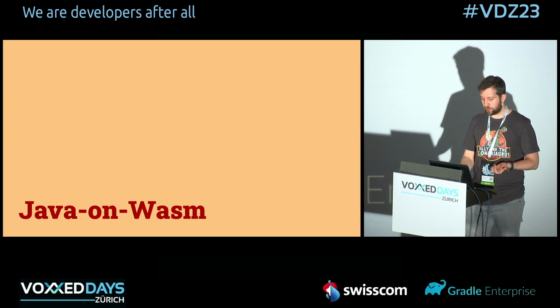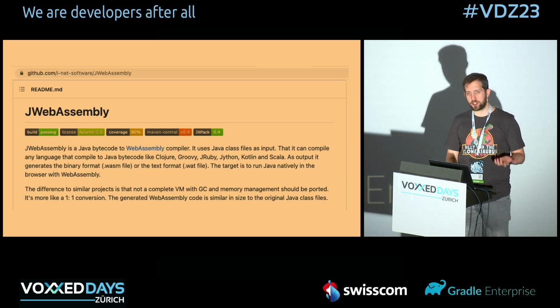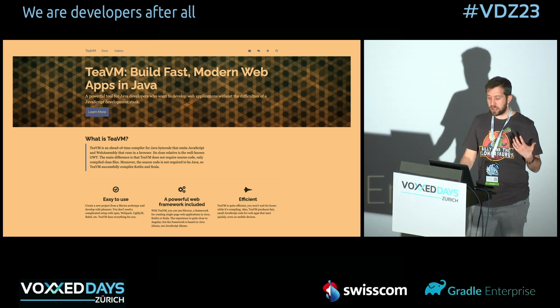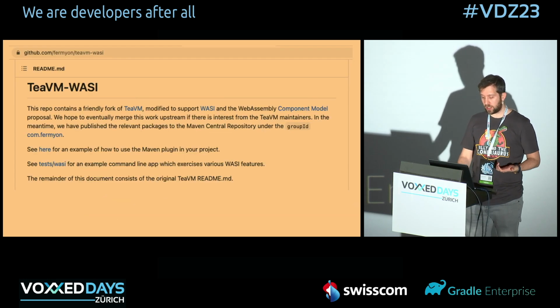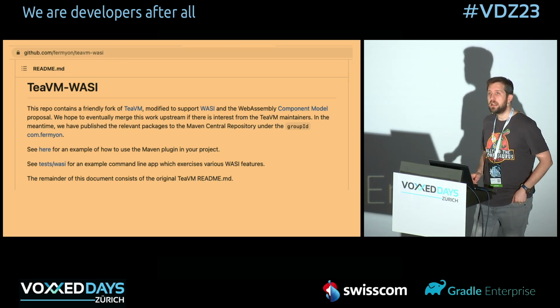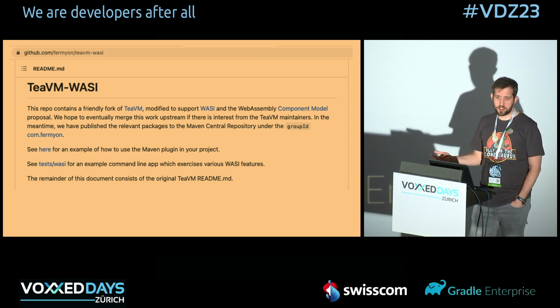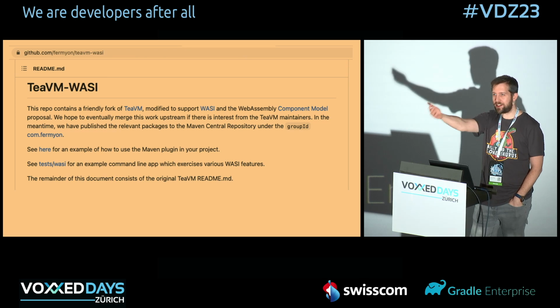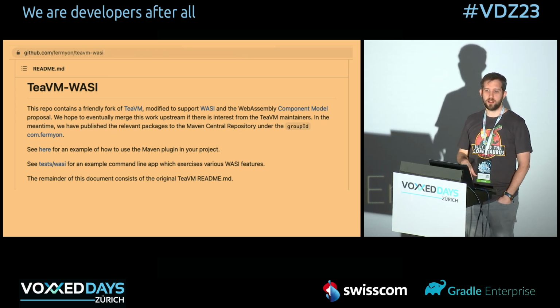There are a few projects that are trying to support Java on WebAssembly. There are many that are pretty cool, such as TeaVM. There's also a fork of TeaVM that supports WASI so that you can run it outside the browser. And it's promising, but they're not quite there. I think that in the next few years, definitely not necessarily next year, but in the next few years, we're going to see a lot more popping up here and there.